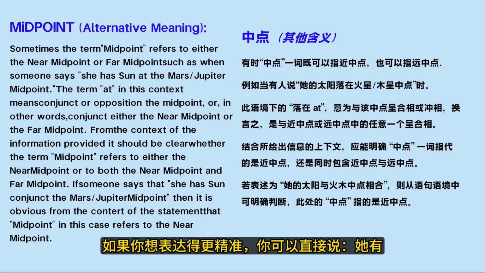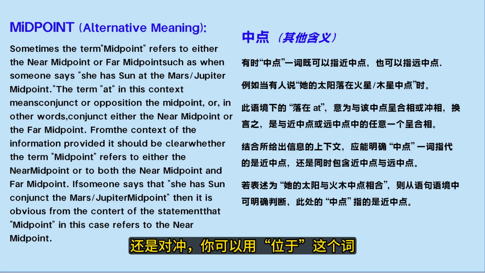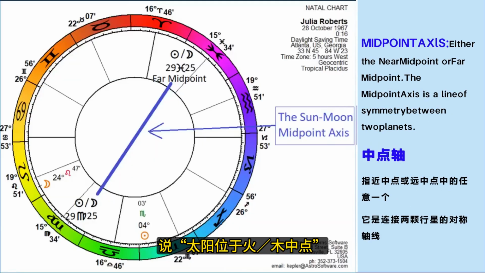All right. If you want to be specific about it, you would simply say she has sun conjunct the Mars-Jupiter midpoint. If you don't need to distinguish whether it's a conjunction or opposition, you can use the word at and say sun is at the Mars-Jupiter midpoint.